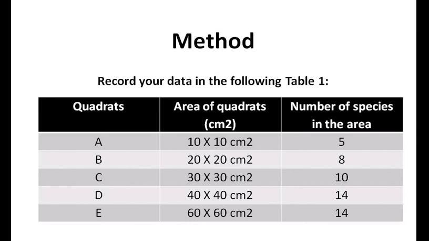Likewise, C, D, E, having areas of 30 into 30 cm square, 40 into 40 cm square, 60 into 60 cm square respectively, and the number of species we recorded are 10, 14 and 14 respectively.